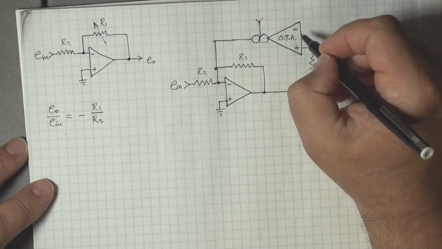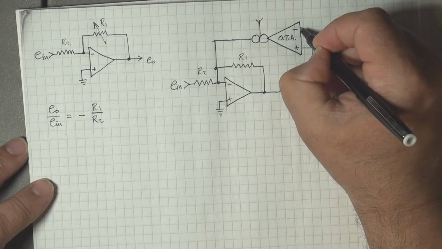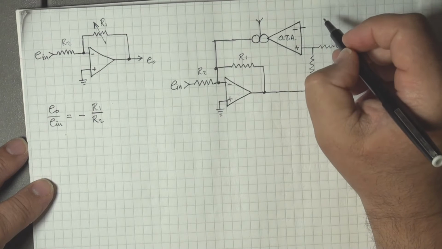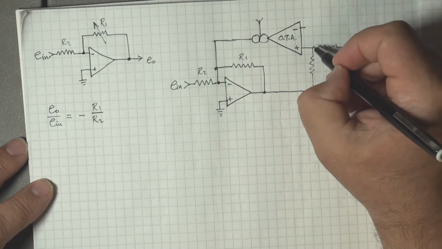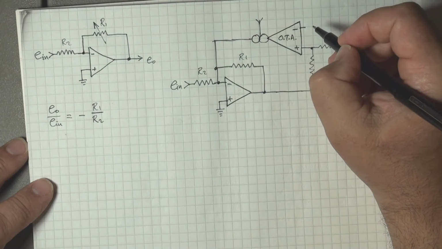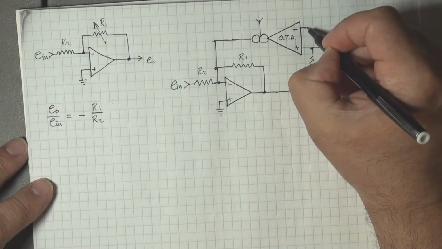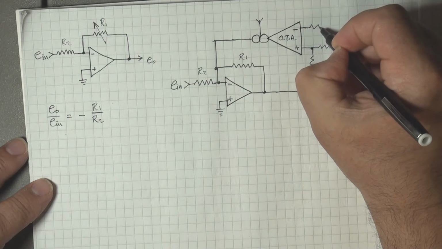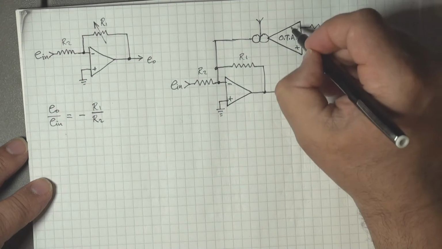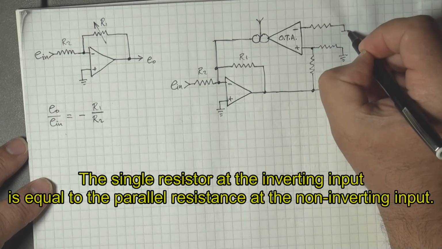And to balance out the offset currents or offset voltages, we'll place exactly the same parallel combination of resistors, a single value resistor equal to the parallel combination, at the inverting input.